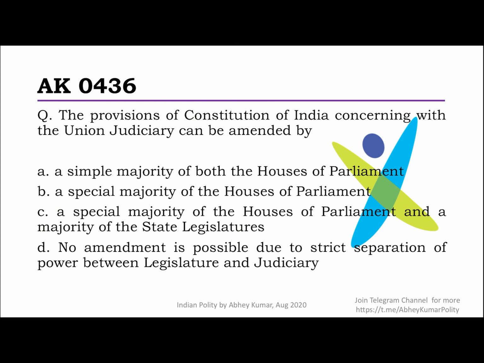The next one here: the provisions of the Constitution of India concerning the Union Judiciary can be amended by. Now see, the Supreme Court being the common court for the Centre as well as the states in India, it is of course an essential part of the federal principles of our Constitution.